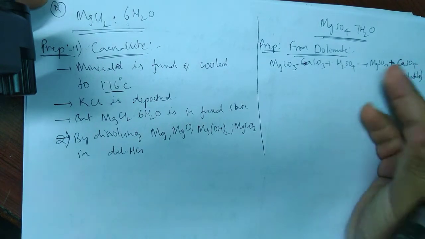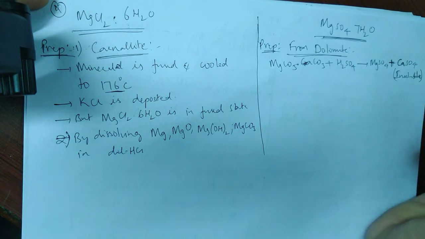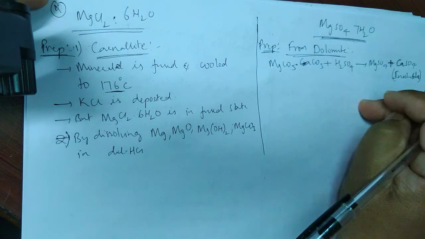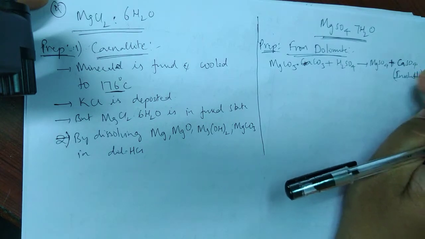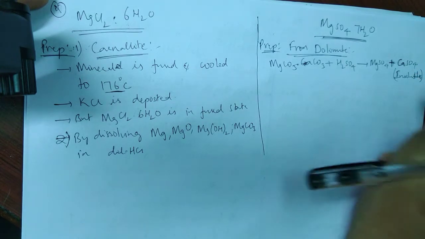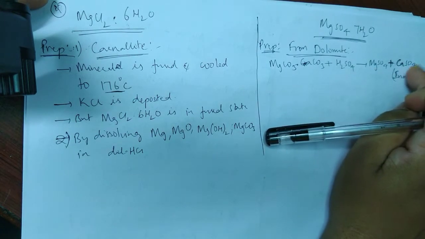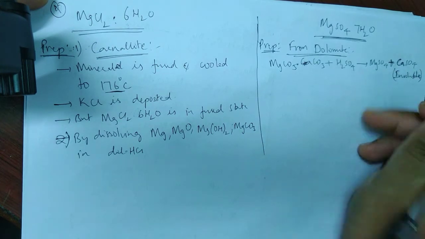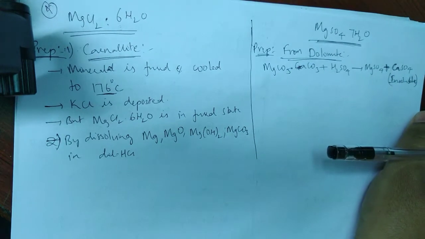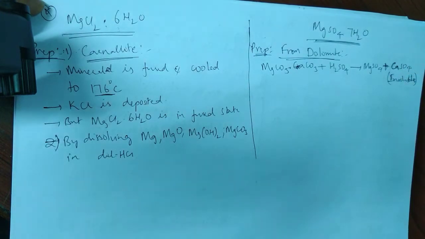The solubility of these with respect to calcium, strontium, and barium will decrease. But if I compare calcium sulfate with magnesium sulfate, this is insoluble and this is more soluble. I have given you the sulfate solubility order already, so just look at that and you will understand.